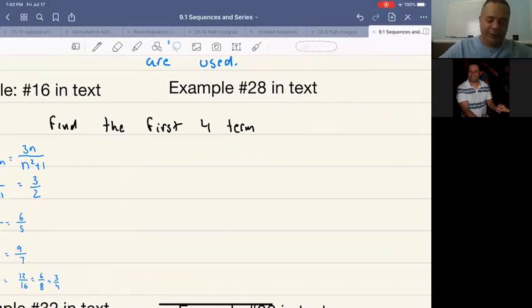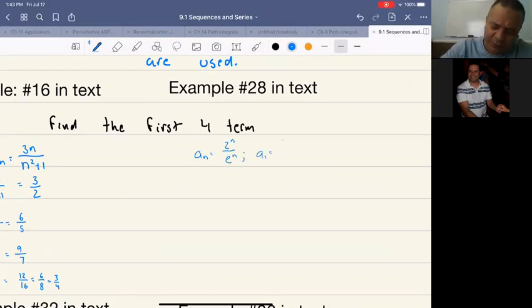Number 28, we have a sub n equals 2 to the n over e to the n. So a sub 1 is going to be 2 over e. A sub 2 is going to be 2 squared over e squared, which I'm going to write as 4 over e squared.